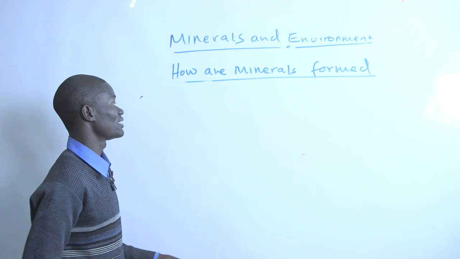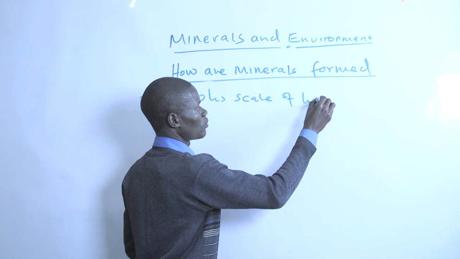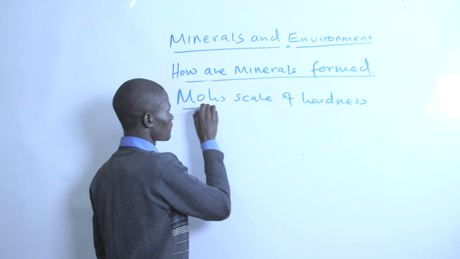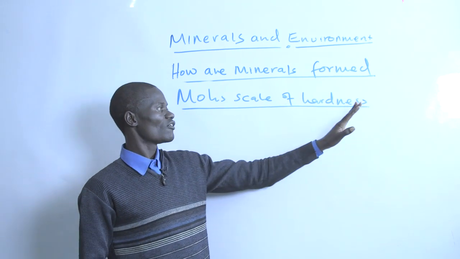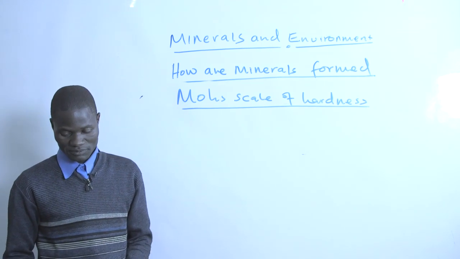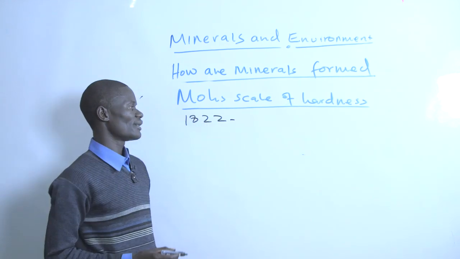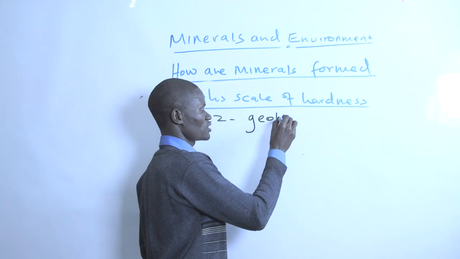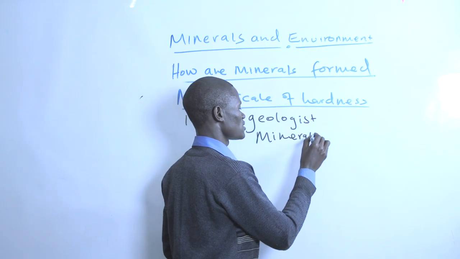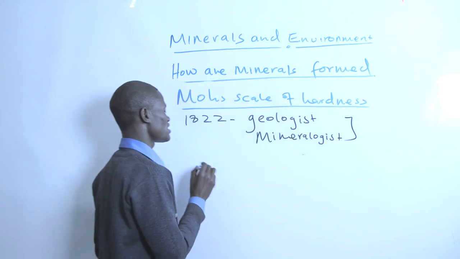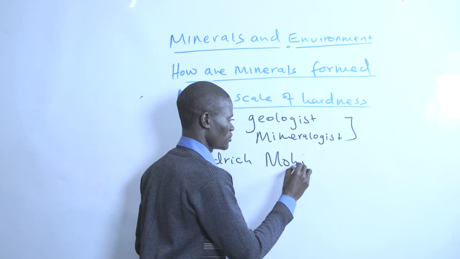When we look at the Mohs scale of hardness, the scale of hardness of rock can also be established scientifically, and it was created in 1822 by a geologist and mineralogist whose name is Sir Frederick Mohs.